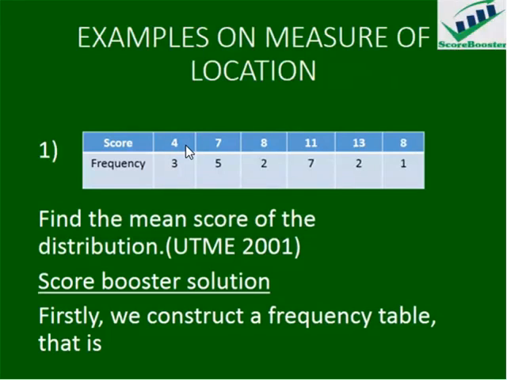If you want to add 4 three times, you can either add 4 three times, which gives 12, or multiply 4 by 3, which also gives 12. That is why we have the column f x i, the frequency multiplied by the item, to know the total contributed by the score 4.